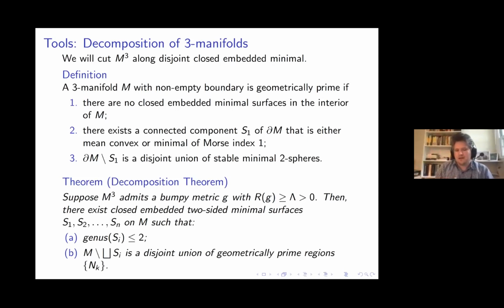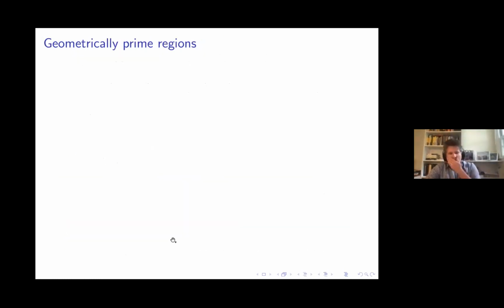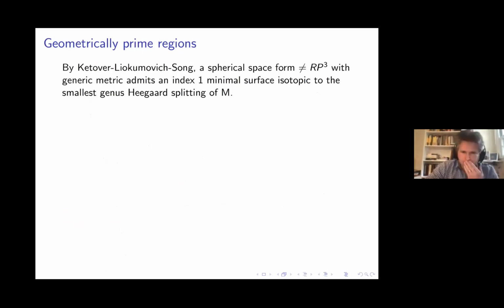Okay. So with a bumpy metric, no one parameter family of minimal surfaces, I can cut in at most n pieces such that each piece has genus at most 2, and M minus the union of the surfaces are all geometrically prime regions. Okay, so let me show you a drawing.